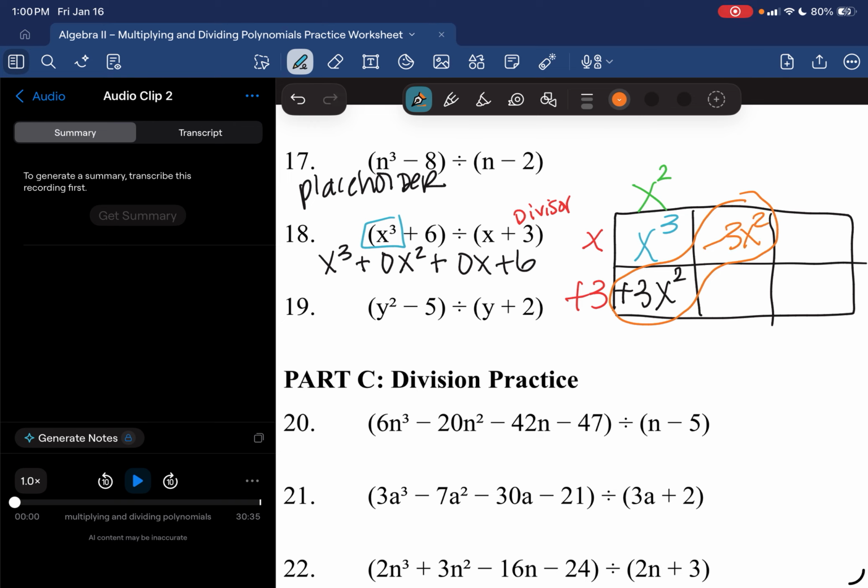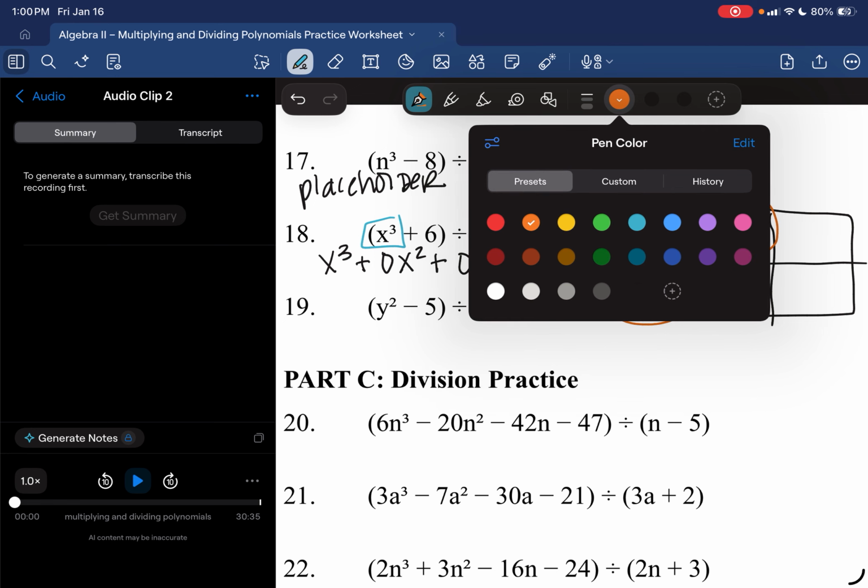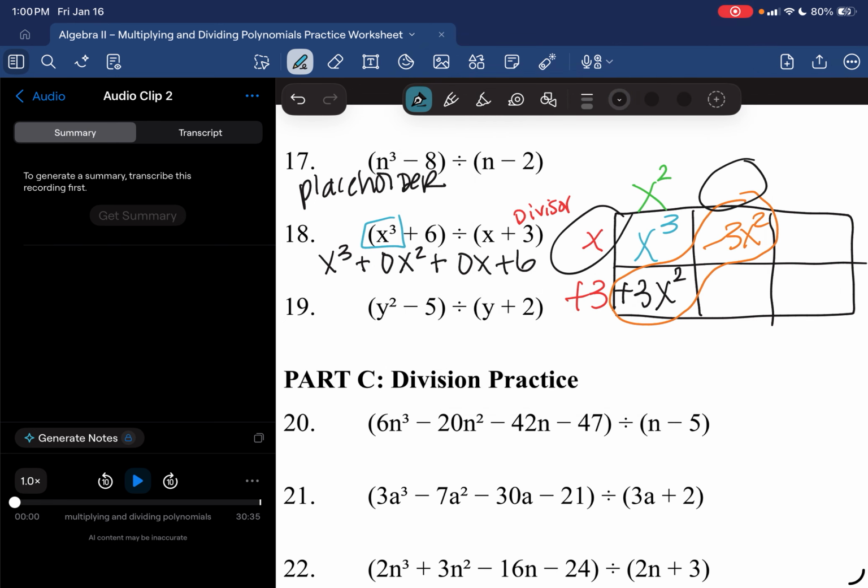Then you do the famous question. X times what is negative 3x squared? Negative 3x. X times x is x squared. Double check your work that way. Then multiply. Negative 3x times 3 is negative 9x.